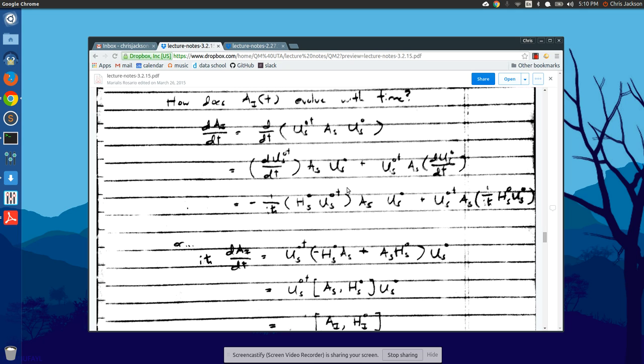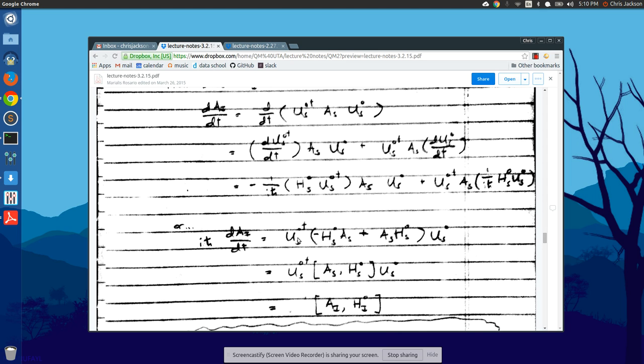And if you recall how we computed the Heisenberg equation of motion in the Heisenberg picture, this should look familiar to you, okay? So you can multiply this all out, and what you find is that you get this term here, which is basically just the commutator between our Schrodinger picture operator and our Schrodinger picture Hamiltonian, right?